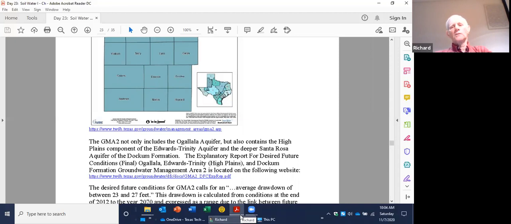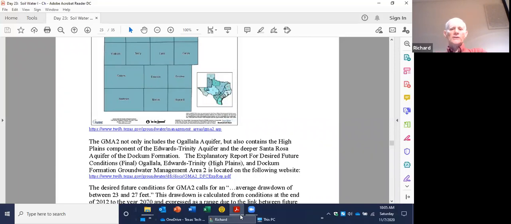Underneath the Ogallala Aquifer in a large area is the Santa Rosa. Unfortunately, the Santa Rosa is very high in salinity, so it is not used much at all because of the low quality water and the deeper depth, which takes more energy to pump it out.